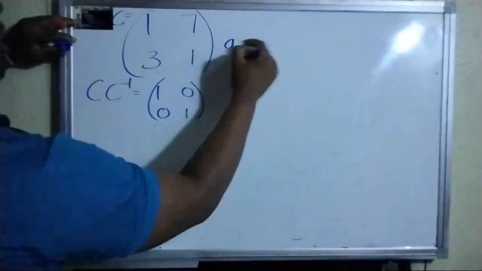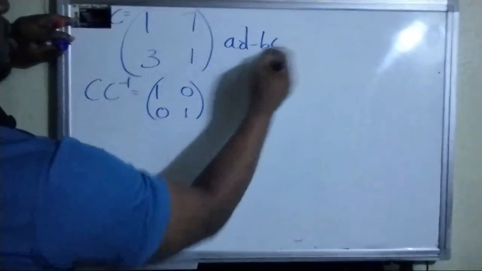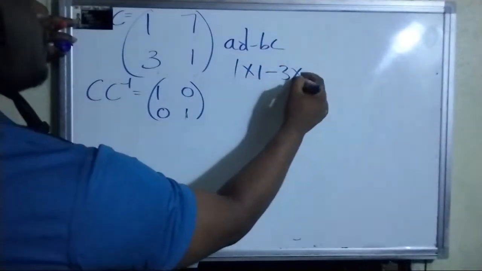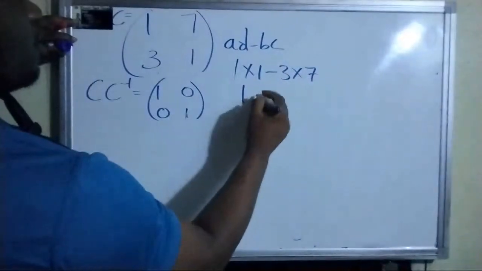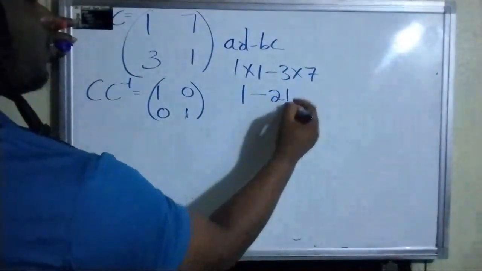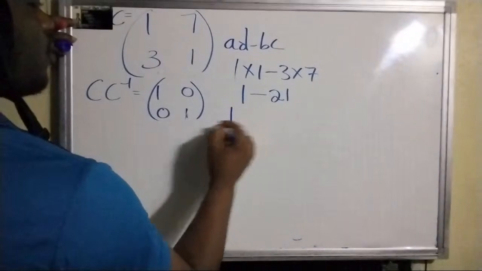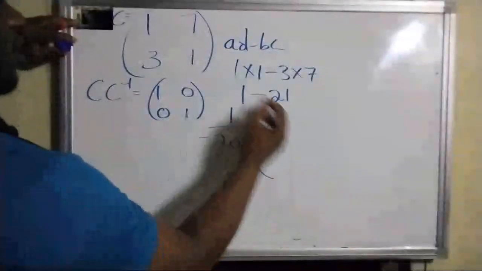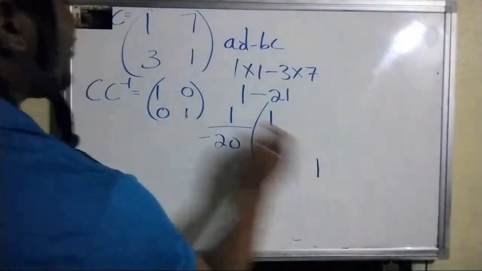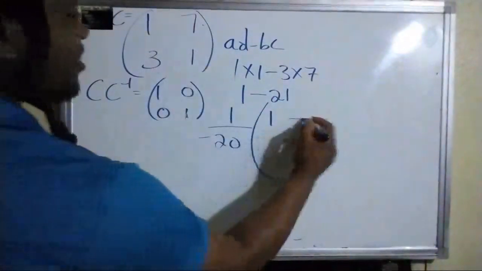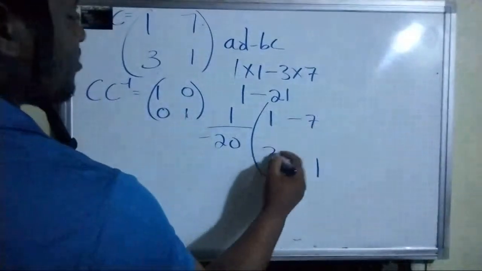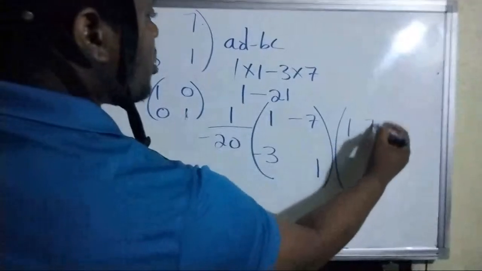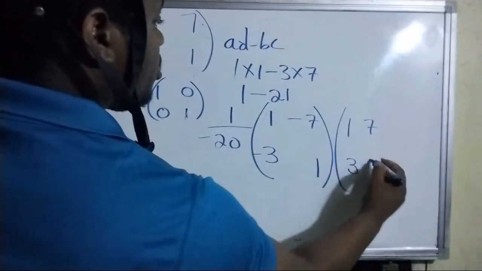So it would be AD minus BC, which is 1 times 1 minus 3 times 7. So 1, 1, 1, 3 7s, 21. So 1 minus that will give us 1 over negative 20. Swap 1 and 1, that are still 1. Change the sign of these, so that's negative 7 and negative 3. We'll make the same error twice, and then we have 1, 7, 3, 1.